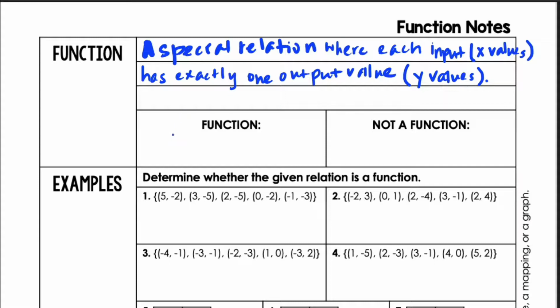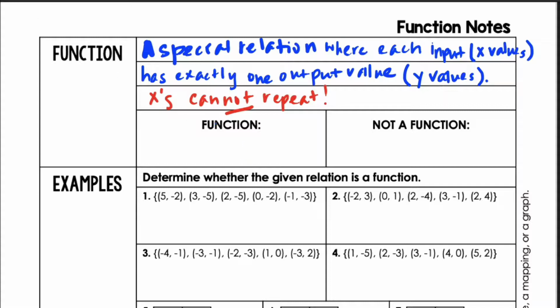So for each input, for each single x value that we plug in, we can only have exactly one y value that gets associated with it. Another way to think about this would be to say that our x's cannot repeat. So our x values cannot repeat.